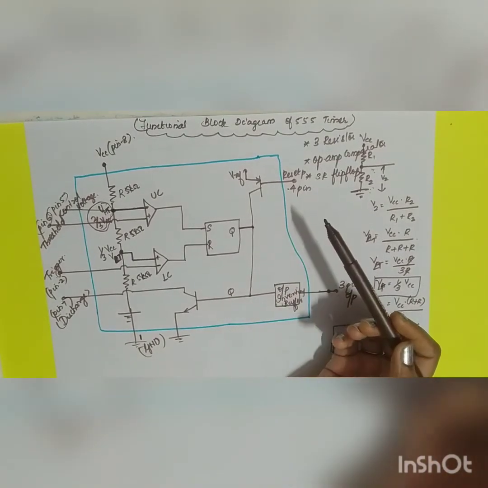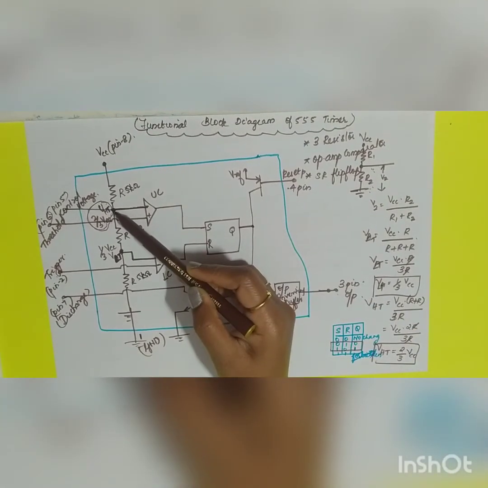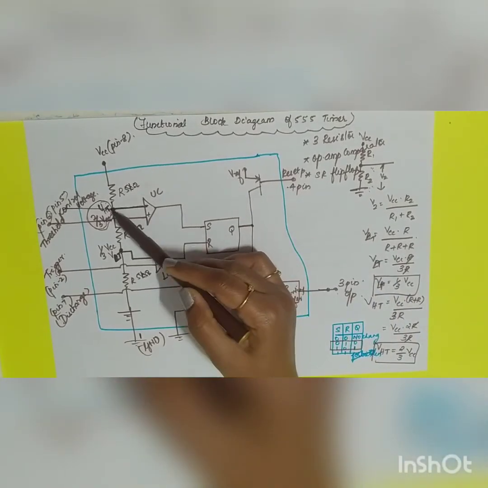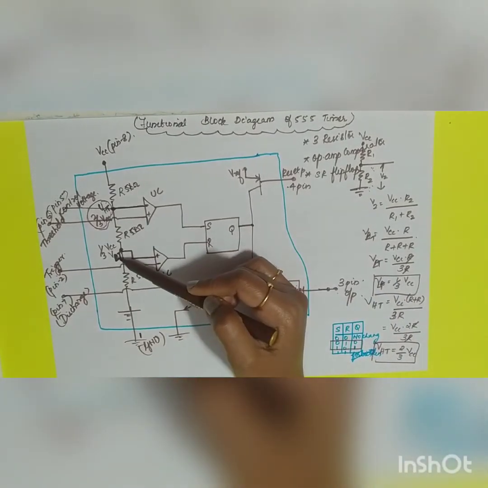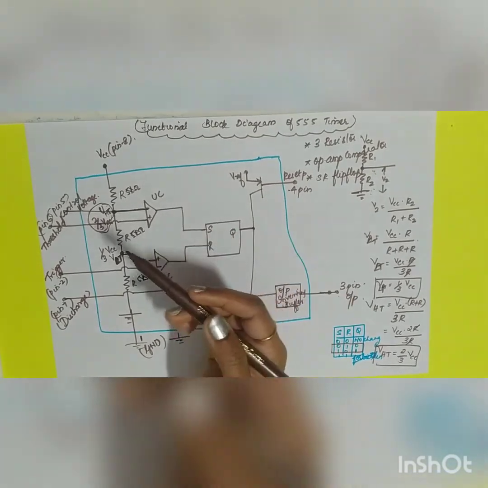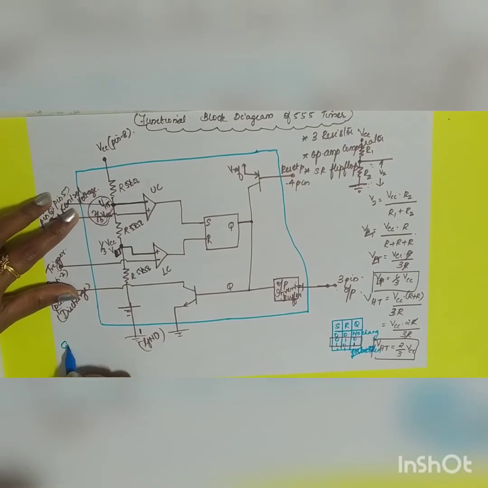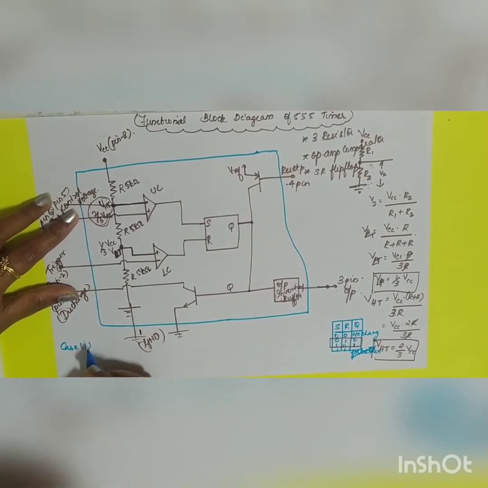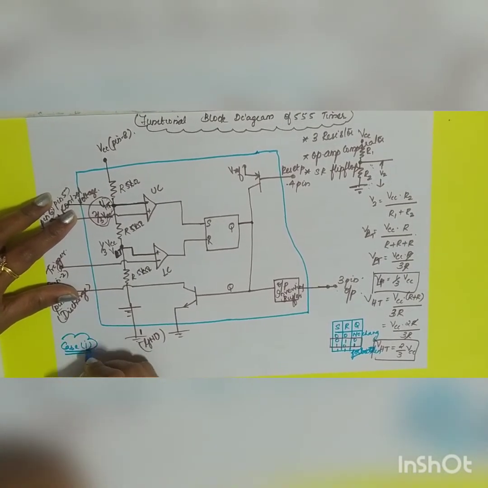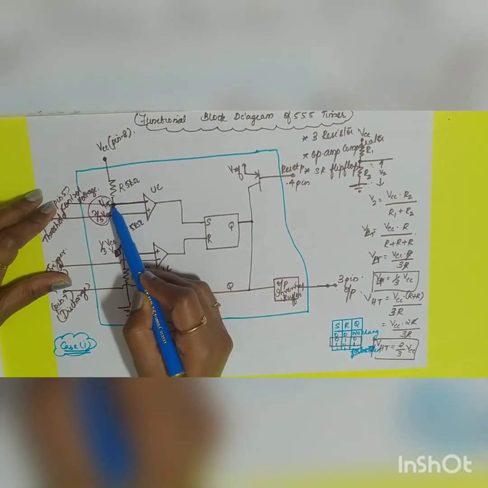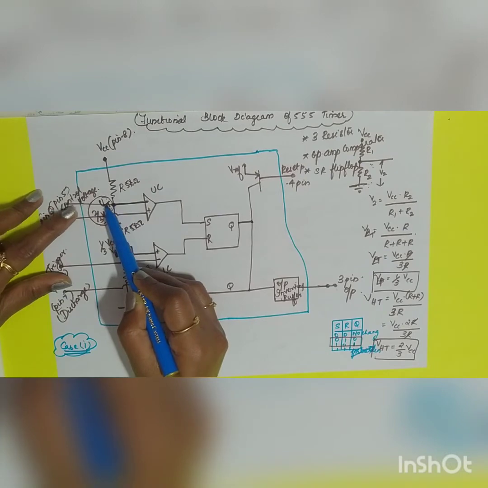Now what is the working principle? It has two triggering comparators, and these two comparators mainly work on the reference values VHT and VLT. Let us take two cases. In case 1, working principle: your inverting terminal is given 2/3 VCC.